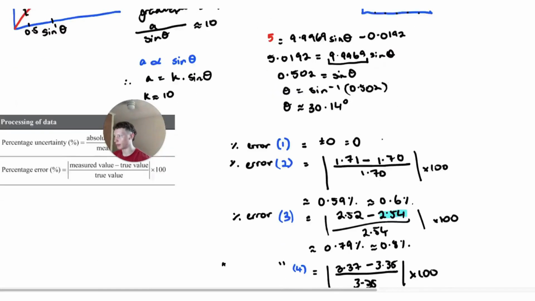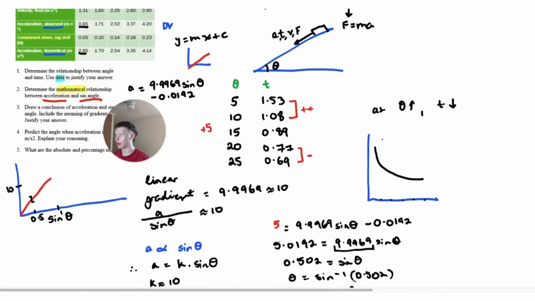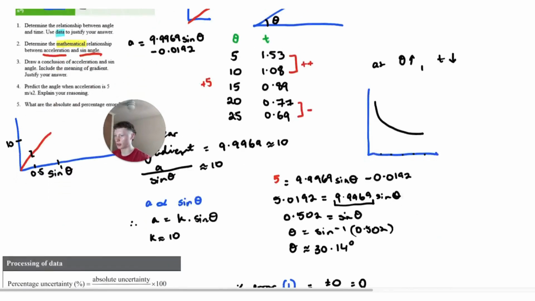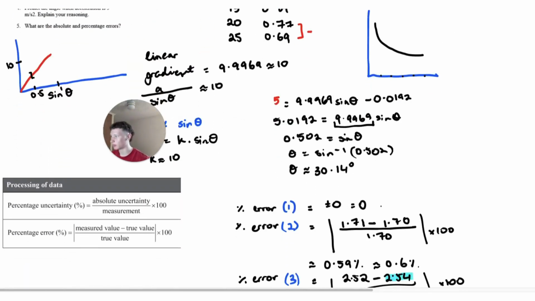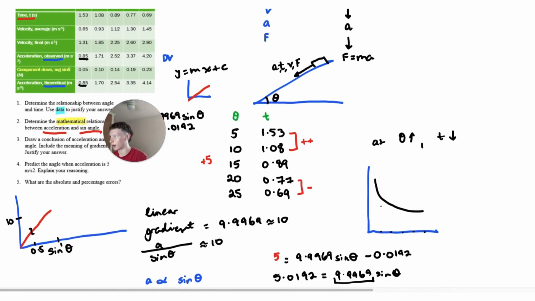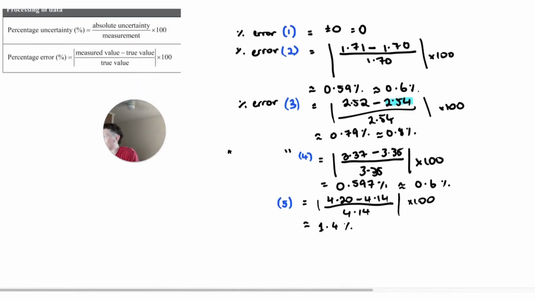Now we've got to calculate the absolute error, and this is pretty simple. We just take the percentage and figure out how much that equates to relative to the actual value. So the first one, 0, is still just 0. But for the second one, sorry, we're applying this to the value that we observed. So we're going to take these values over on the left. So this one, this one, this one, and this one.